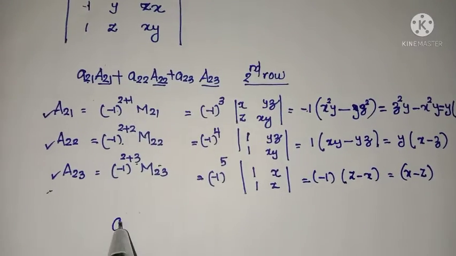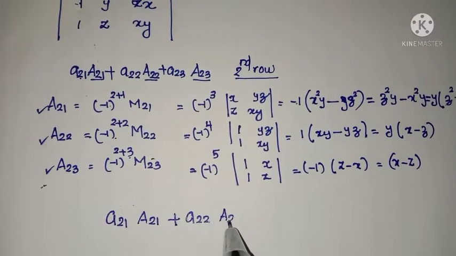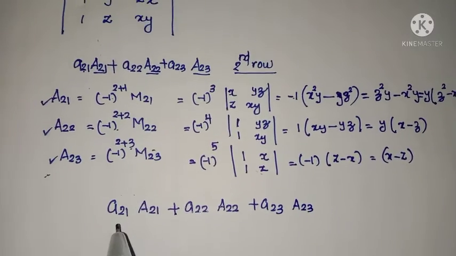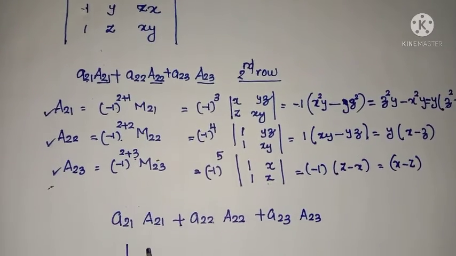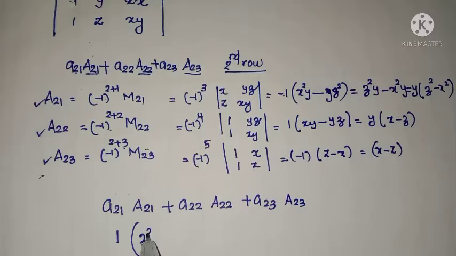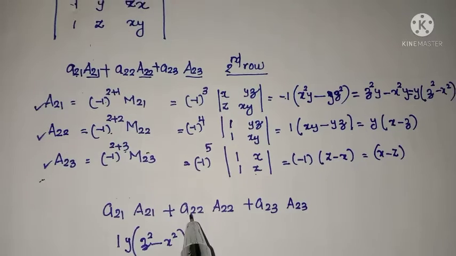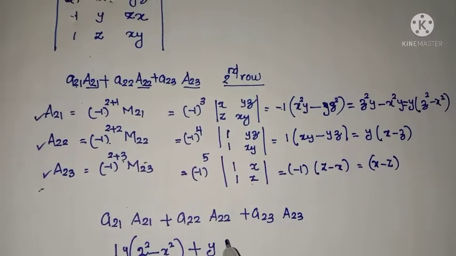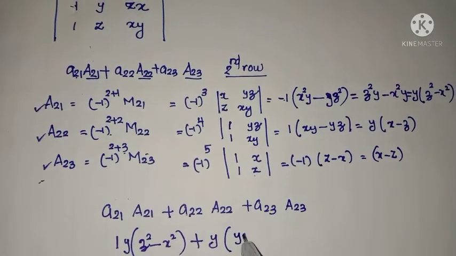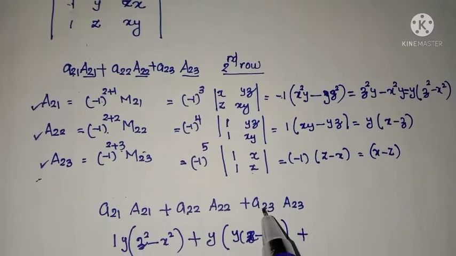Now look at the expression a21 into capital A21 plus a22 into capital A22 plus a23 into capital A23. Here a21 is the second row first element 1, into cofactor z square minus x square into y, plus a22. A22 is y, so y into cofactor of A22 is y into x minus z, plus a23.